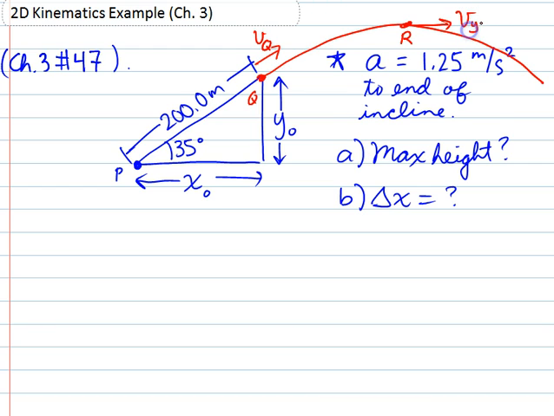So Vy at R is equal to 0. That's going to help us immensely. And then we'll solve part B after that.